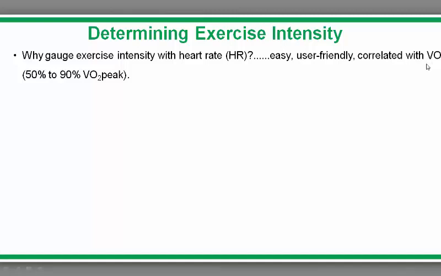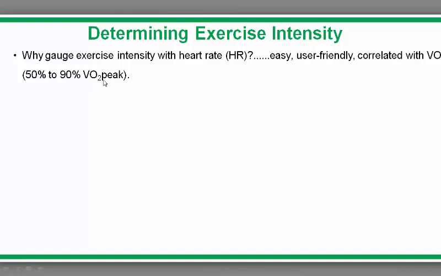oxygen utilization by the body, and this correlation is highest with moderate to high intensity cardiorespiratory exercise. And so in this case, heart rate essentially becomes a substitute variable for VO2 peak, for oxygen consumption level.